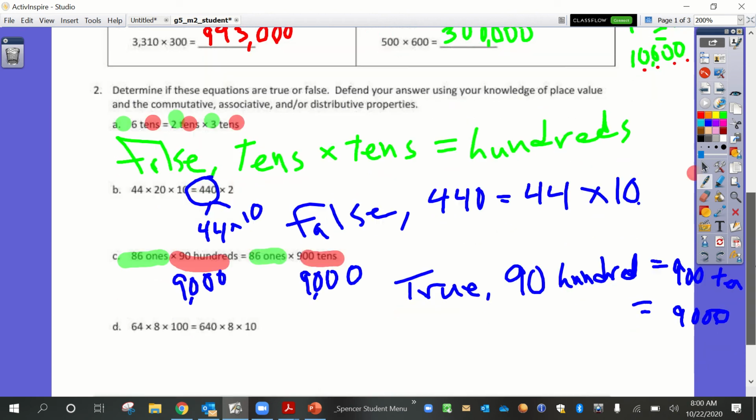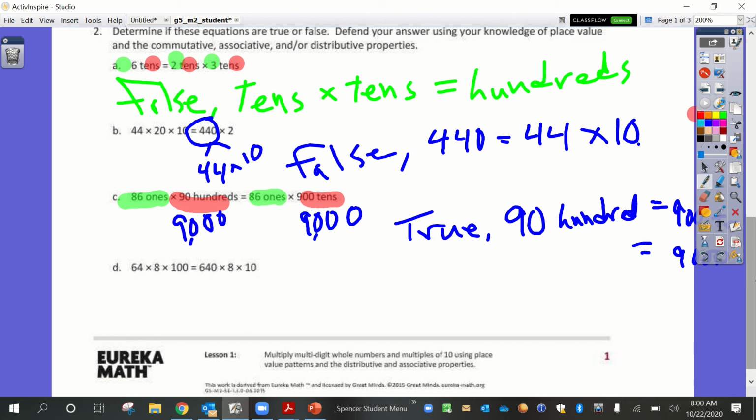All right, let's look at this next one. 64 times 8 times 100 is the same thing as 64 times 8 times 10. Well, let's break this down over here on the right. Well, 640 is really 64 times 10, which then is times 8 times 10. Okay, well, we have to kind of use the commutative property on this one so that we can reorder our multiplication to get the same answer.